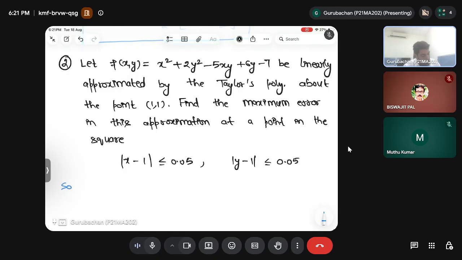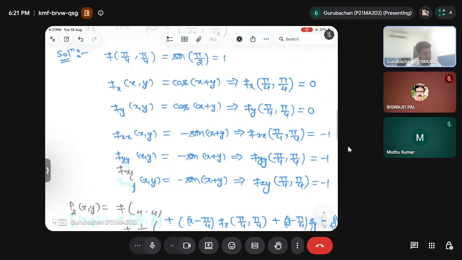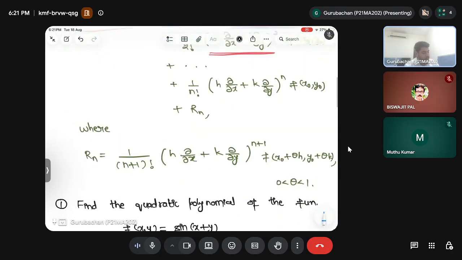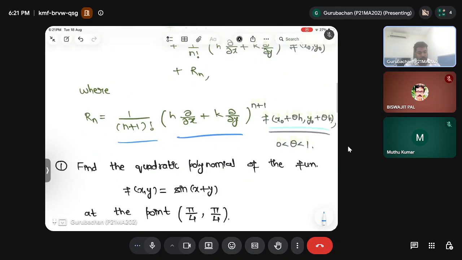So from the above Taylor's theorem, what is the remainder for the n plus 1th order? So it will be like this. And since you are approximating your function with a linear polynomial, then obviously here n will be 1. So here you have to substitute n equal to 1, the error in that linearization, you can say.